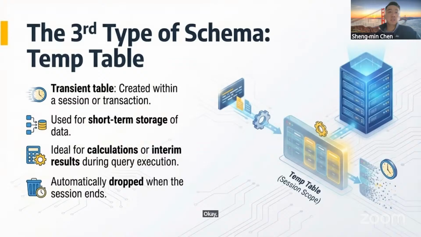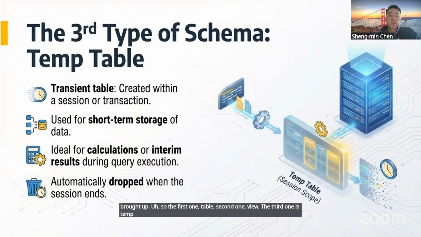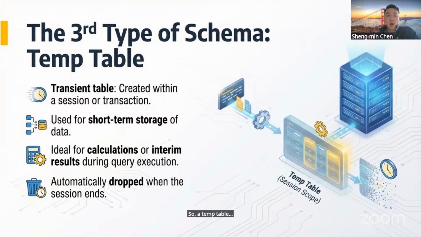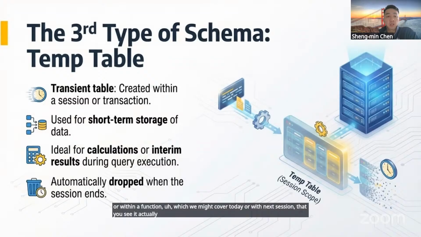Okay, another schema that I have brought up. So the first one is table, the second one is view, the third one is temp table, right? Temp tables are actually quite common, but there are two instances where you see them often. One is within a stored procedure or within a function, which we might cover today or next session, where you see a temp table being instantiated.